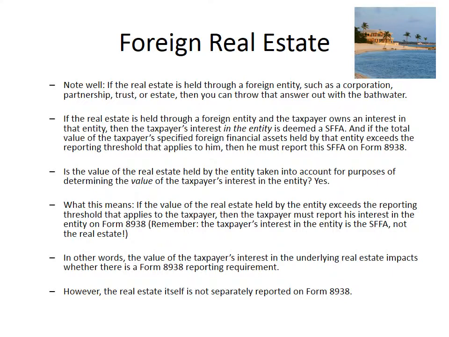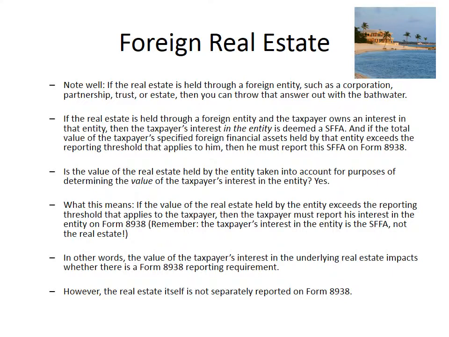What is the takeaway here? If the value of the real estate held by ABC exceeds a reporting threshold that applies to John, then John must report his interest in ABC on Form 8938. Once again, remember that John's interest in ABC is the specified foreign financial asset, not the real estate.